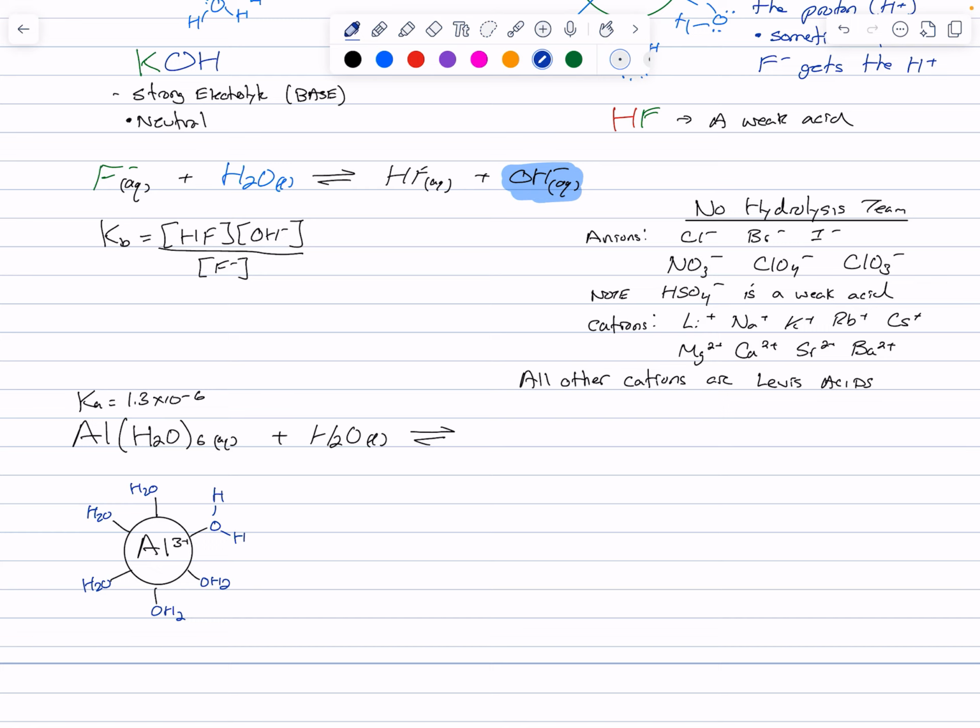Now it's symmetrical, right? But what's going to happen is that one of these hydrogens, now it could be any H. There's 12 hydrogens, any one of them can go off. They're all symmetrical. And one of these hydrogens is going to come off and go to water. And so on the other side, you're still going to have H3O plus.